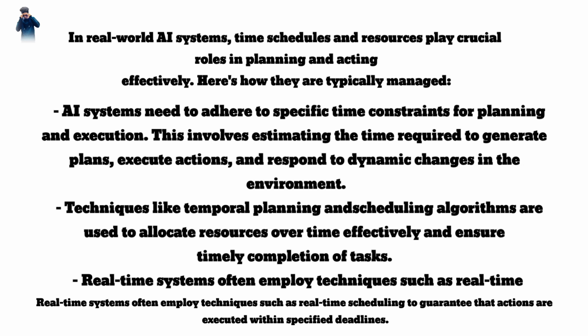Techniques like temporal planning and scheduling algorithms are used to allocate resources over time effectively and ensure timely completion of tasks. Real-time systems often employ techniques such as real-time scheduling to guarantee that actions are executed within specified deadlines.